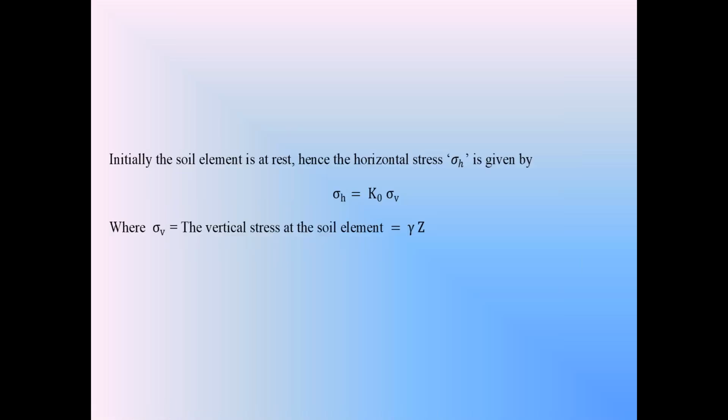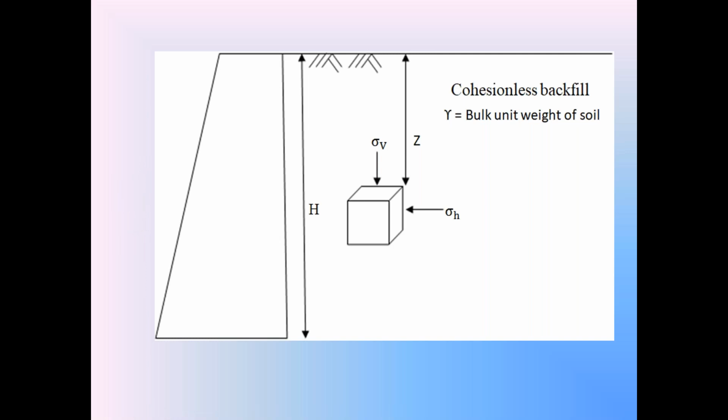What is that active condition? Active condition is when the retaining wall is moving away from the backfill. This backfill is subjected to stretching. In that stretching condition, the backfill applies horizontal stress on the retaining wall, which is called active horizontal stress.